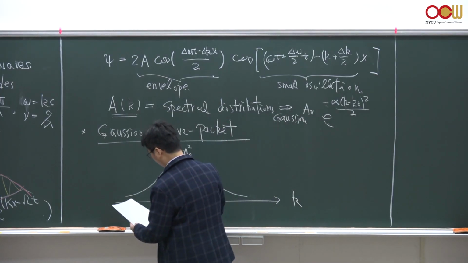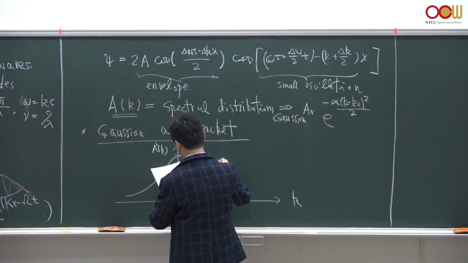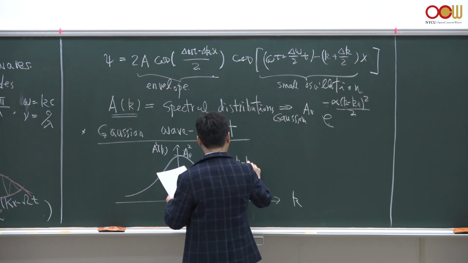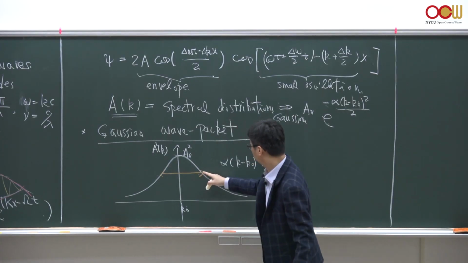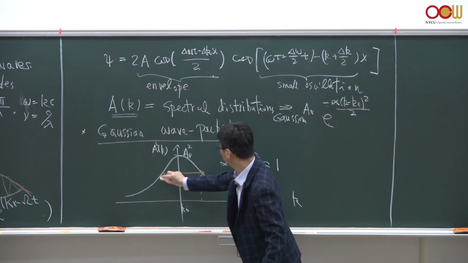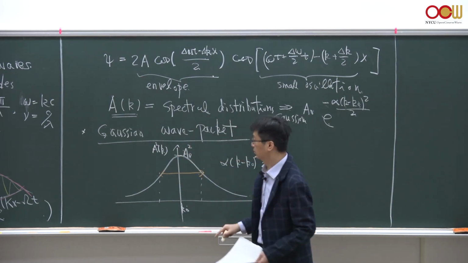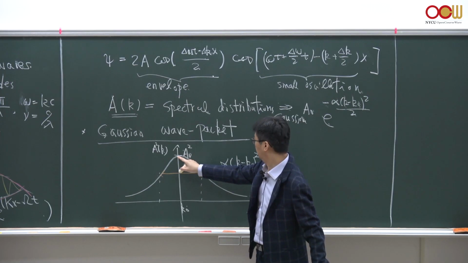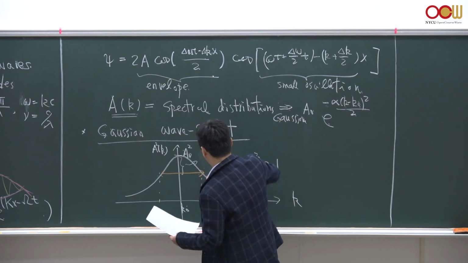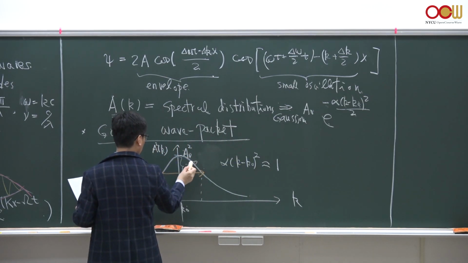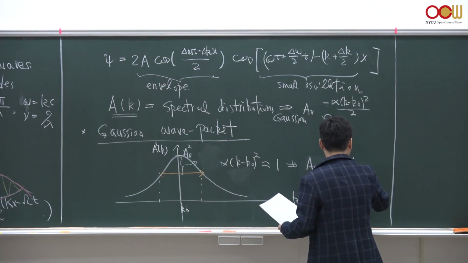By defining properly the width, which is where alpha times k minus k0 squared is actually 1, you find points in k on two sides of this peak where the maximum value of this spectral weight, a0 squared, decays by 1 over e. Sorry, this should be the point where a of k goes to a0 divided by e.